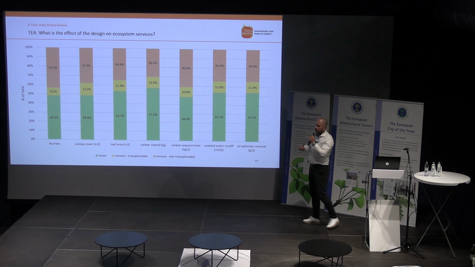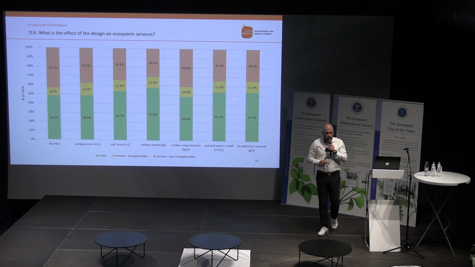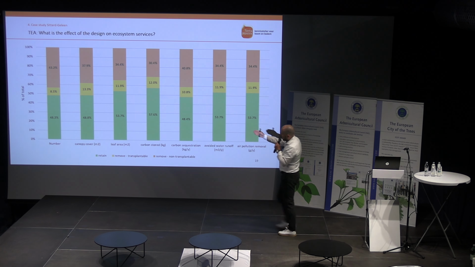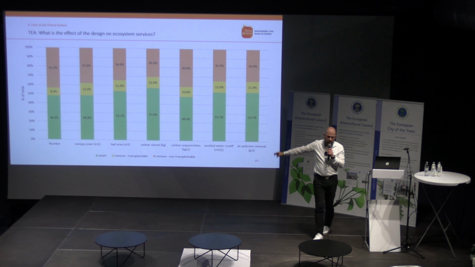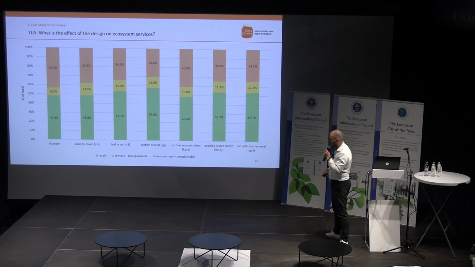So like I said before, we have to remove 51 trees in this project. 10 trees can be transplanted. So we also did an analysis, not only based on the number, so we could say 84.3% of the trees can be retained. But we also looked at, when you have to remove trees, how much of the ecosystem services that we calculated will be removed, will be lost.